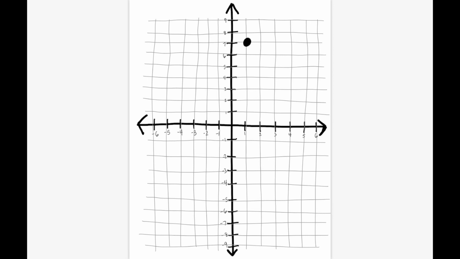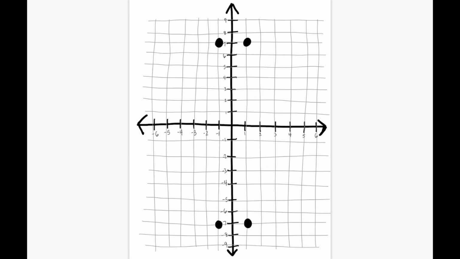Now I am going to take this point and reflect it over the y-axis to the second quadrant. When I do that, the point is -1, 7. Now, if I reflect both of these points over the x-axis, they would be at -1, -7, and 1, -7.